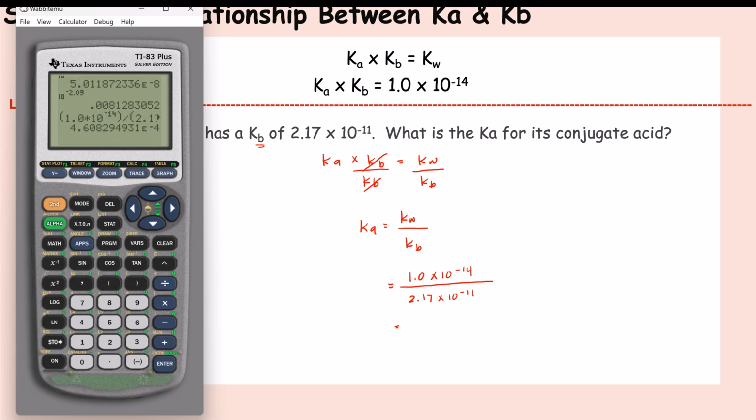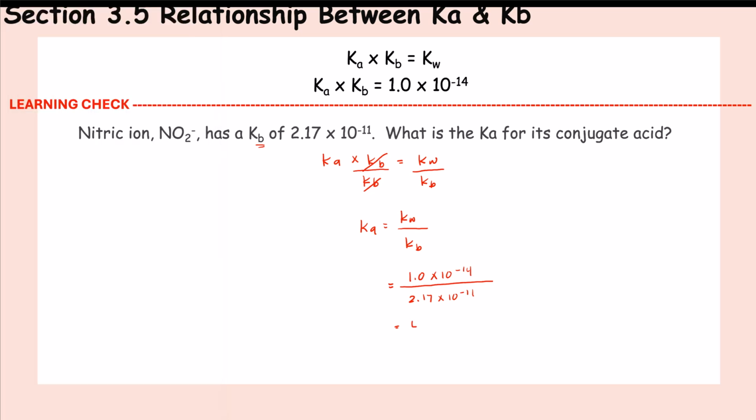Then you get 4.6 times 10 to the negative 4. This is my Ka value.